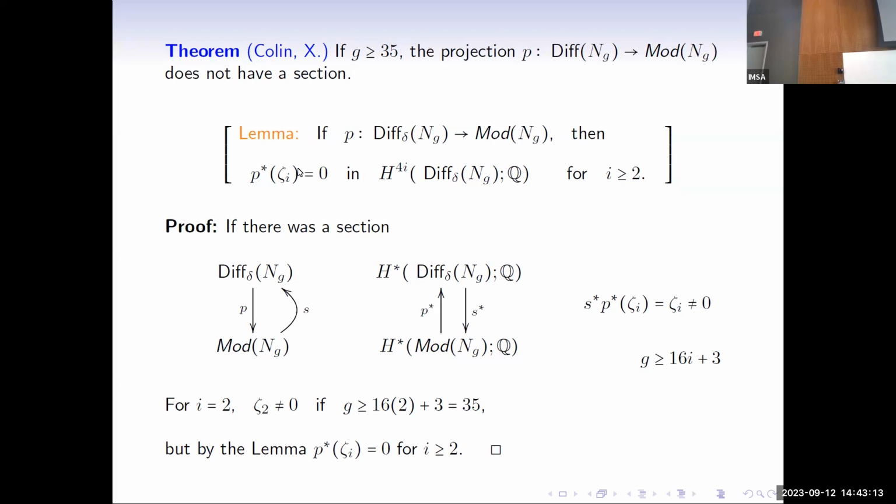So if there was such a section, then this composite would be the identity. So the corresponding composite in cohomology would be the identity, right?